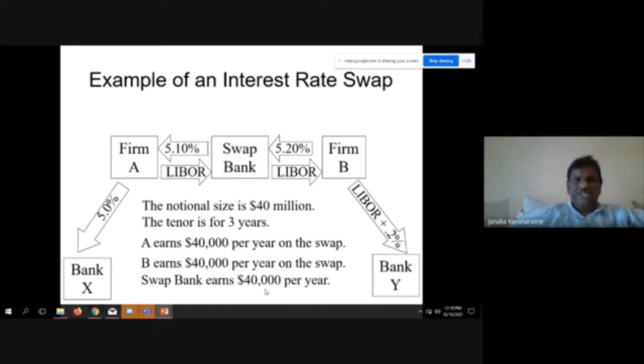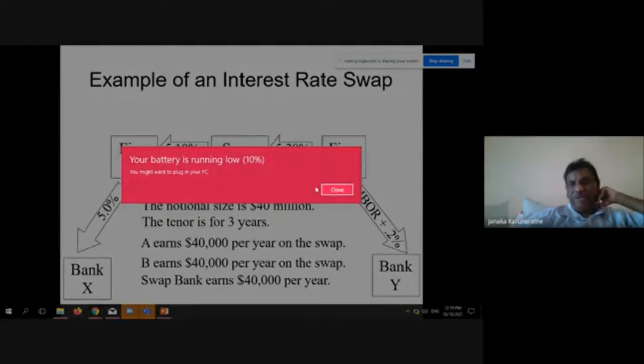How? Because each firm reduces its cost by 0.1%: one firm reduces its floating cost by 0.1%, the other reduces its fixed cost by 0.1%, and the swap bank earns 0.1%, right?